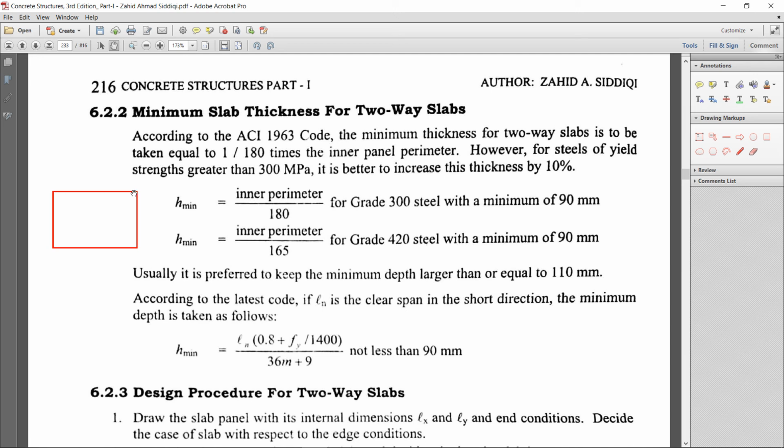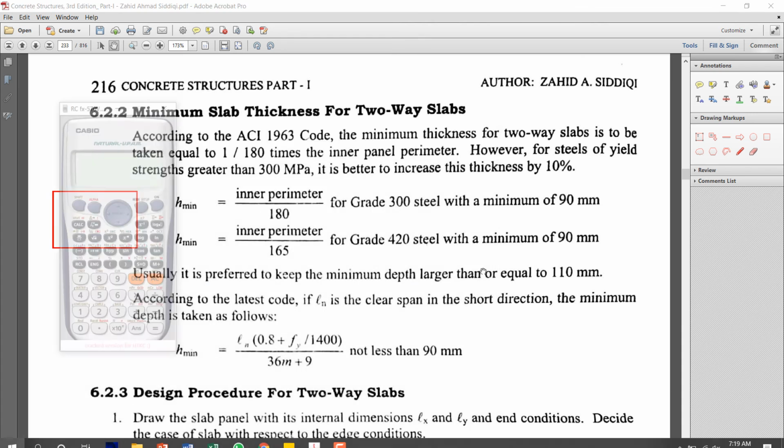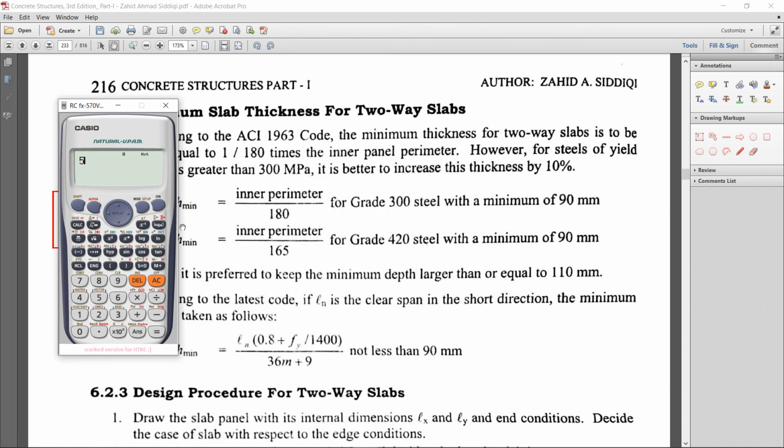You will calculate this length, this length, this length, this length. For example, this length is 5 meter, this is 6 meter, 5 meter, 6 meter. So how will you calculate the perimeter? You have to sum up the lengths, so that will be the perimeter.